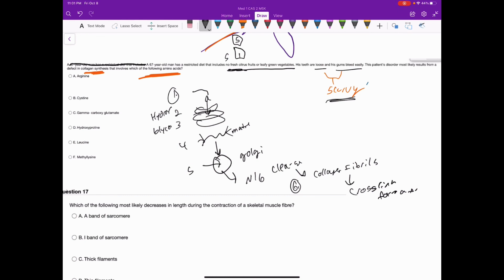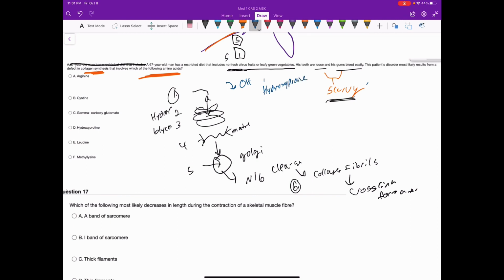When we're taking collagen and hydroxylating it, adding an OH group to it, we need a certain enzyme. What's this enzyme going to be? Well, we're going to hydroxylate a lysine or a proline, and hydroxyproline is the one we're going to use.